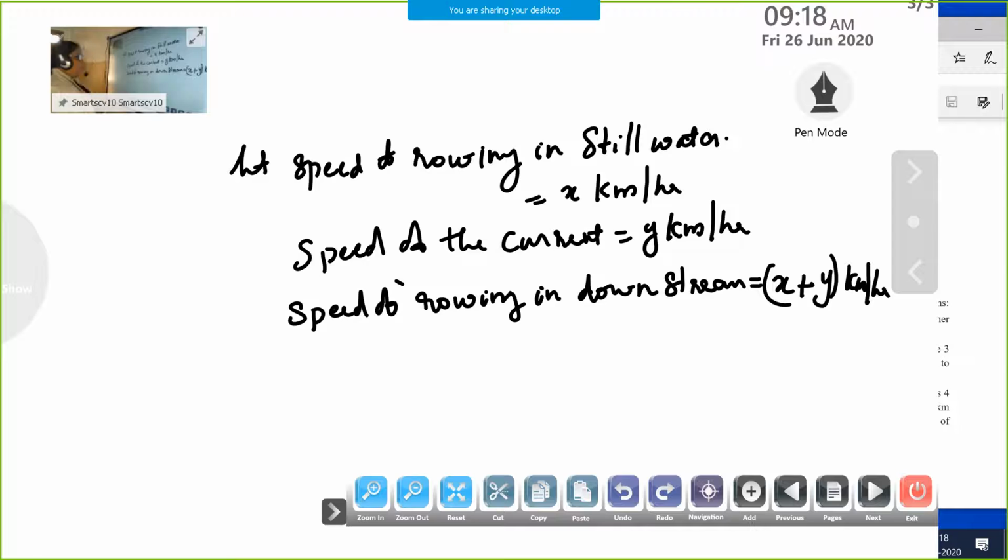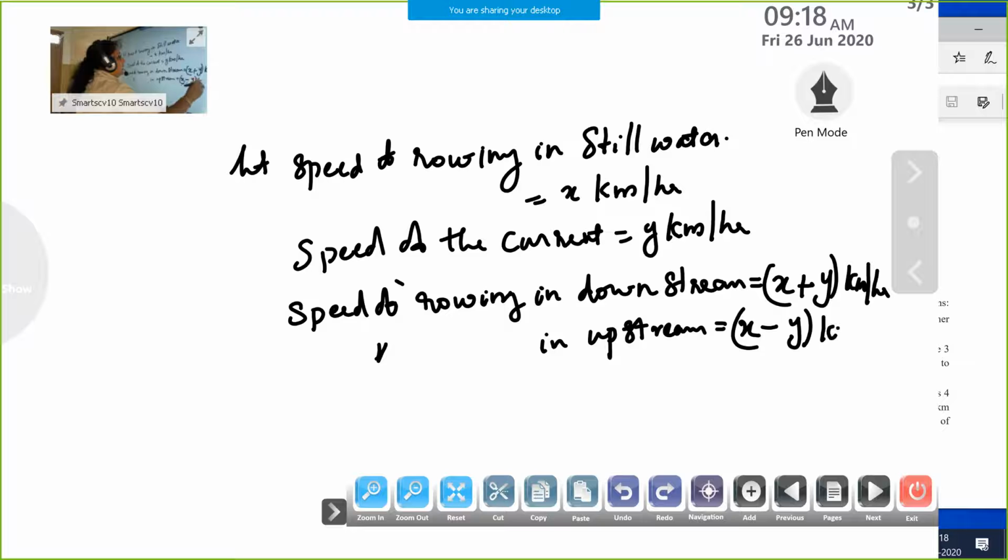Clear? Then the speed of rowing in upstream. That means there is an opposite force, so the speed of rowing in still water minus the speed of the current. That means x minus y kilometer per hour.